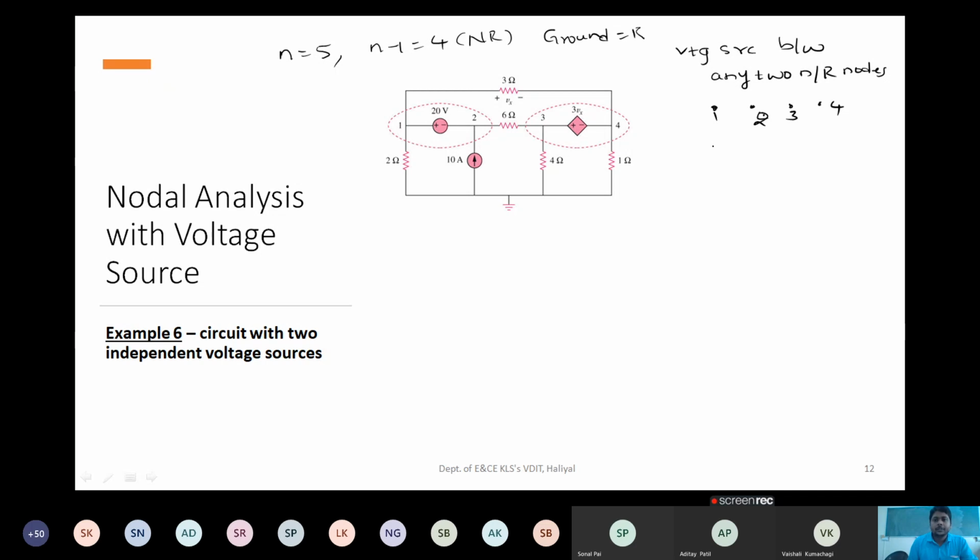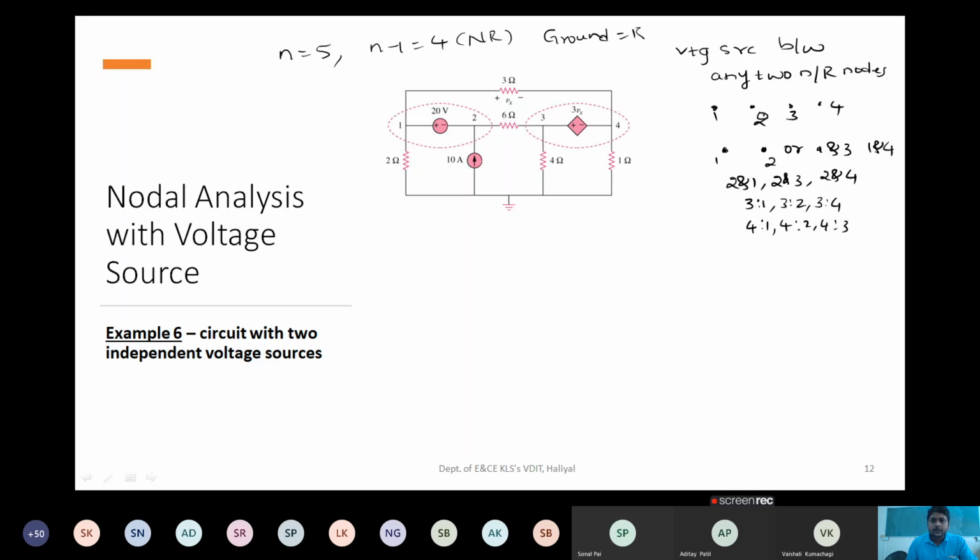You need to check, are you getting any voltage source between 1 and 2, or 1 and 3, or 1 and 4? Similarly, between 2 and 1, 2 and 3, then 2 and 4. Then similarly, 3 and 1, 3 and 2, 3 and 4, and 4 and 1, 4 and 2, 4 and 3.